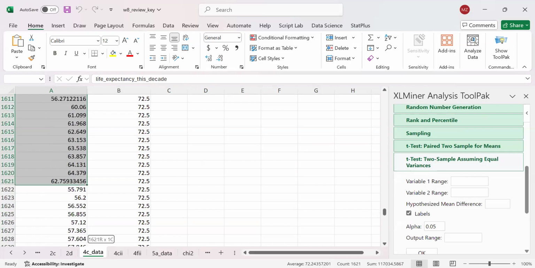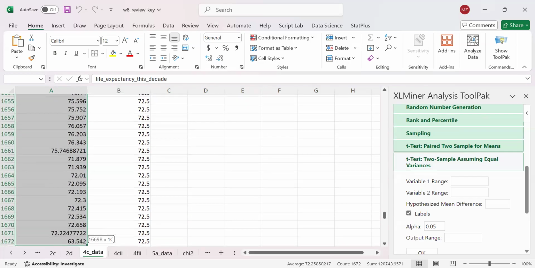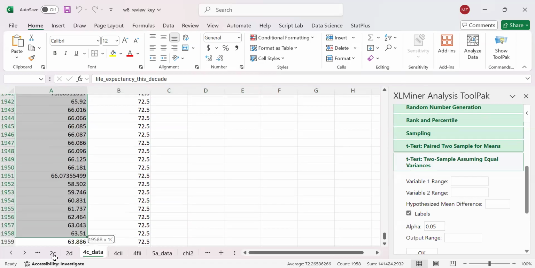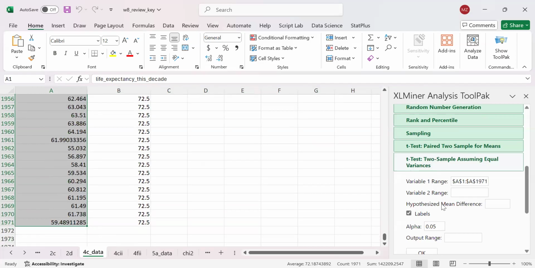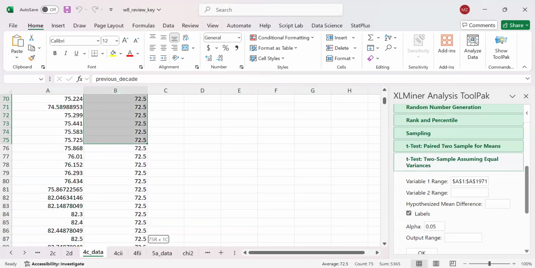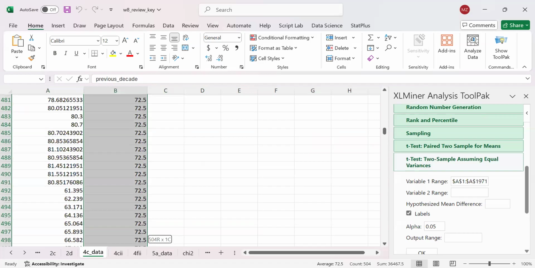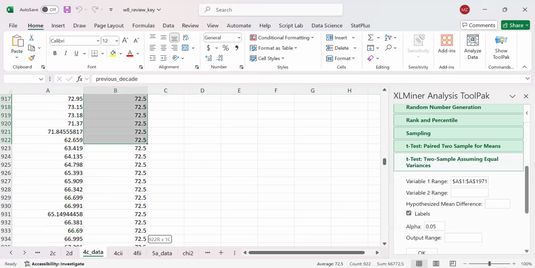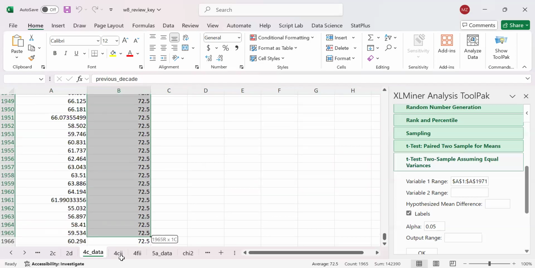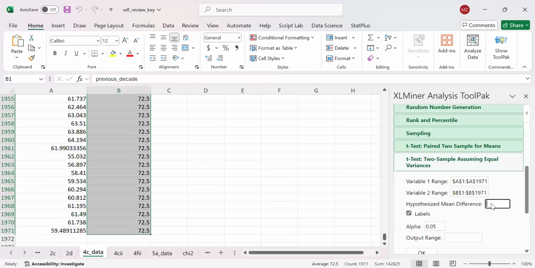And so you have those, I don't know how many values, 1970 values, right? And then your variable two would be all these values for the previous decade. And hypothesized mean difference is 0.